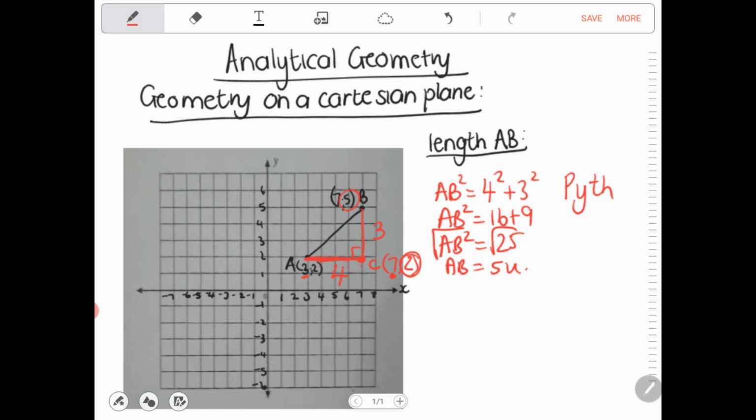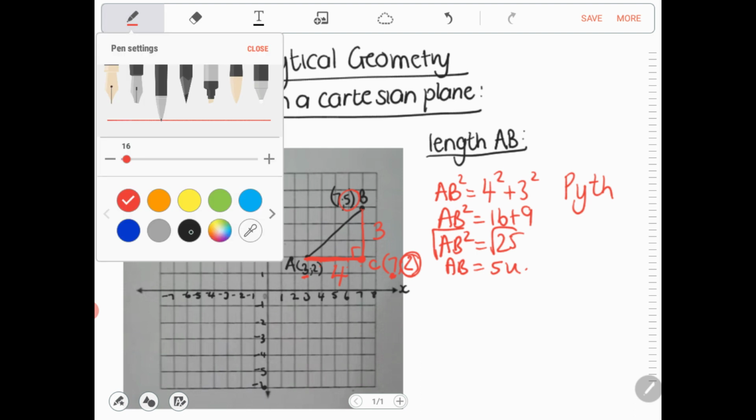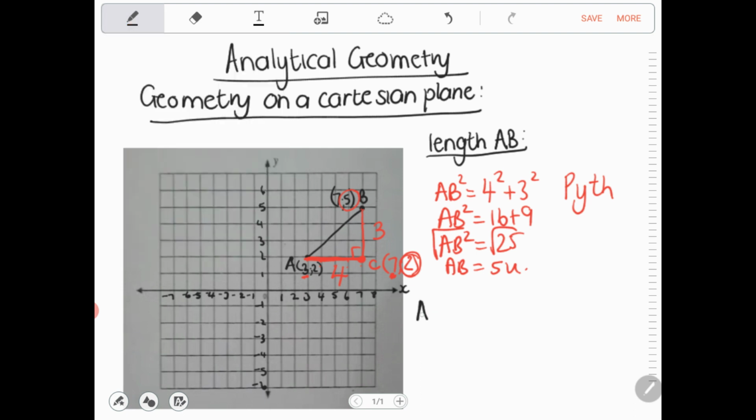Now, what we do is instead of using Pythagoras, we actually put it into a formula. So we say that to find the length of AB, we take the square root, just like we square rooted here, and to find the one distance, we take the x value at A minus the x value at B, and we square it.